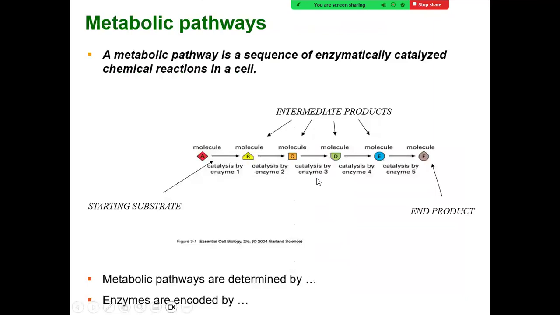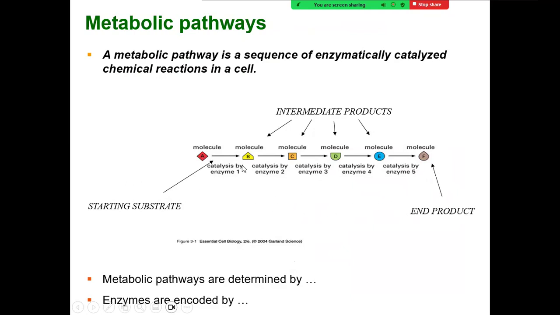You can string these different chemical reactions together, meaning A makes B, and then another enzyme takes B and makes C, C converted into D, D into E, E into F. This is called a metabolic pathway, where A will ultimately be made into an end product, which in this case is molecule F. The end product being the last product in the enzymatic pathway.